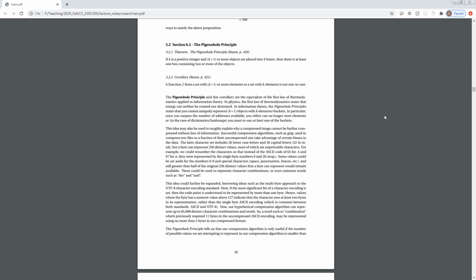So let's say you're given a stack of 200 flyers that you have to pass out, and you have access to the school's mailroom. You have these 200 flyers, and there are 199 mailboxes for you to stuff these flyers in.